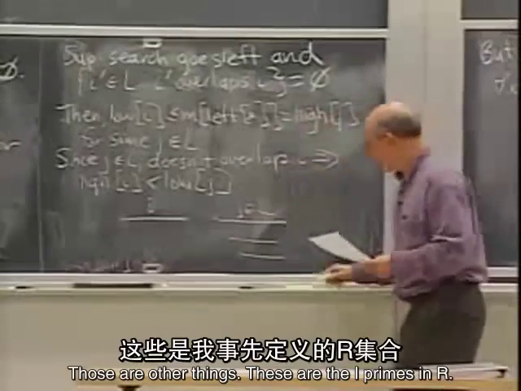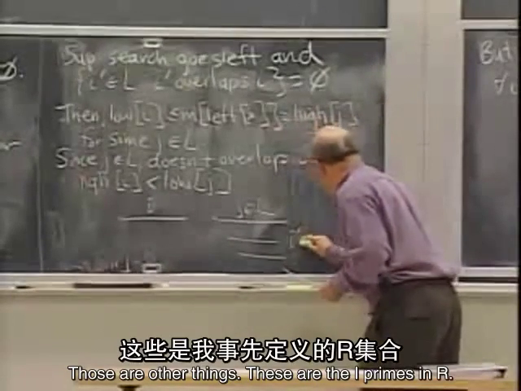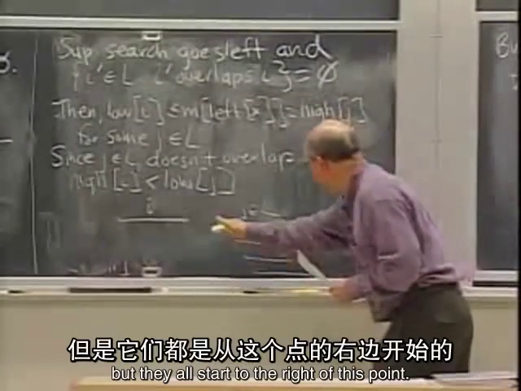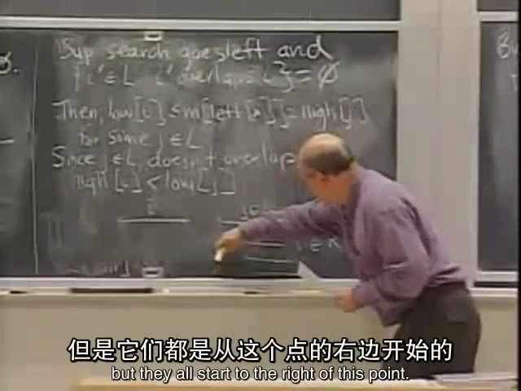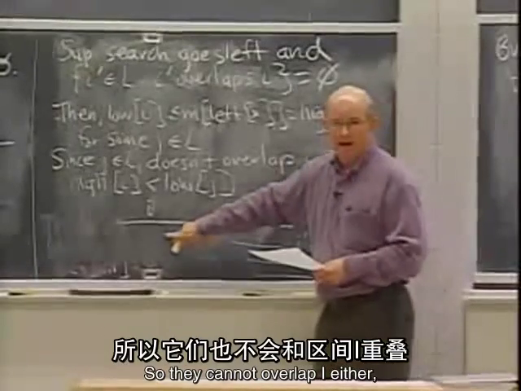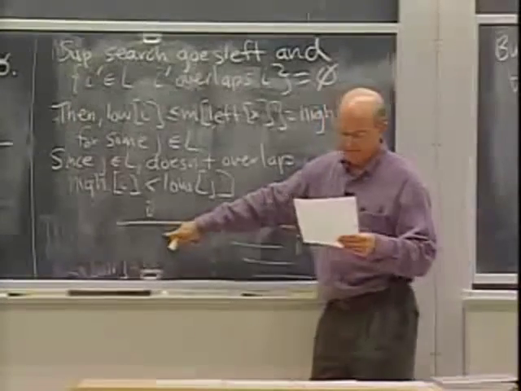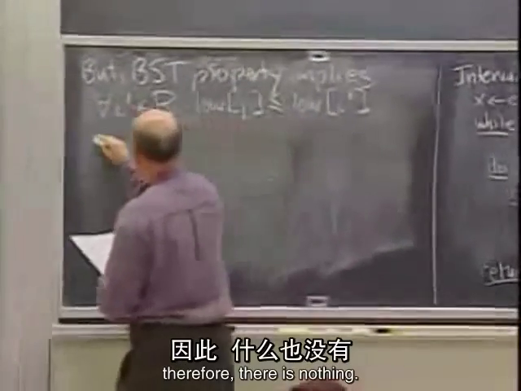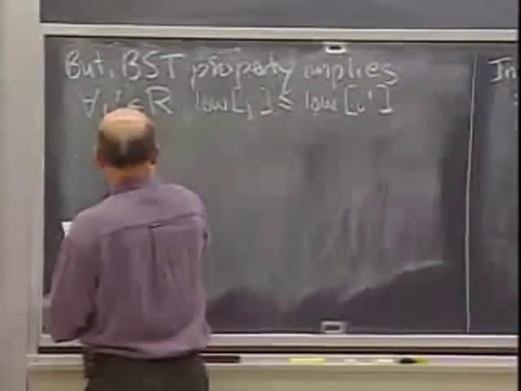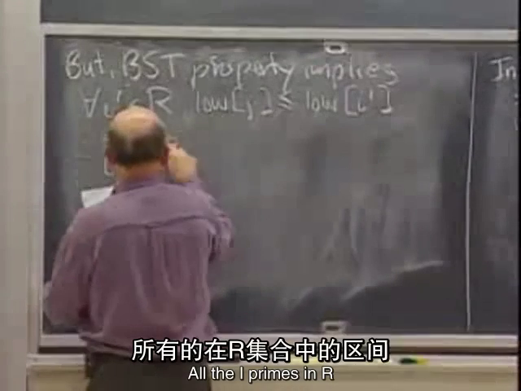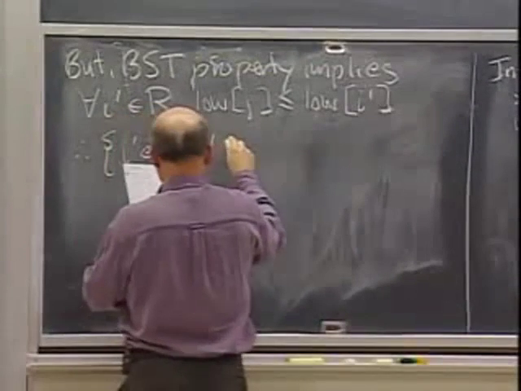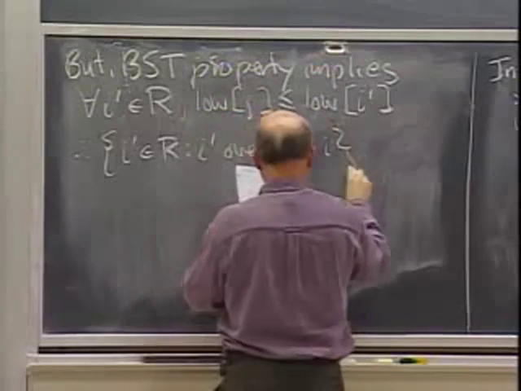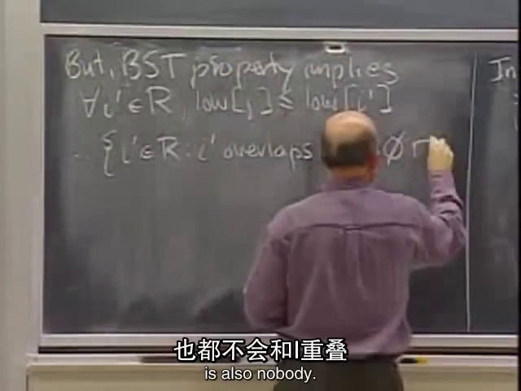Those are other things. These are I primes in R. We don't know how many there are, but they all start to the right of this point. So they can't overlap I either. So therefore, all the I primes in R that overlap I, that's also nobody.